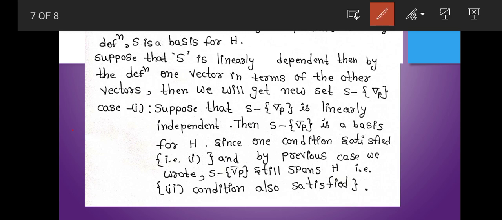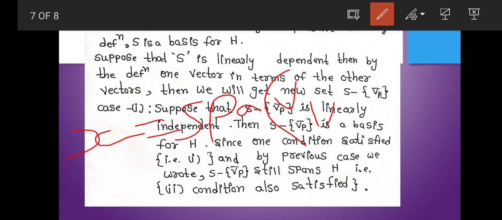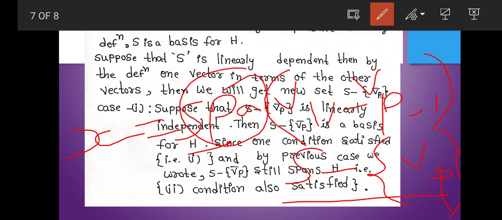Then in the last steps we got X is equal to span of v1, v2 up to Vp minus 1. Okay, this is the set except Vp. So here we wrote the span of S except Vp equal to X.